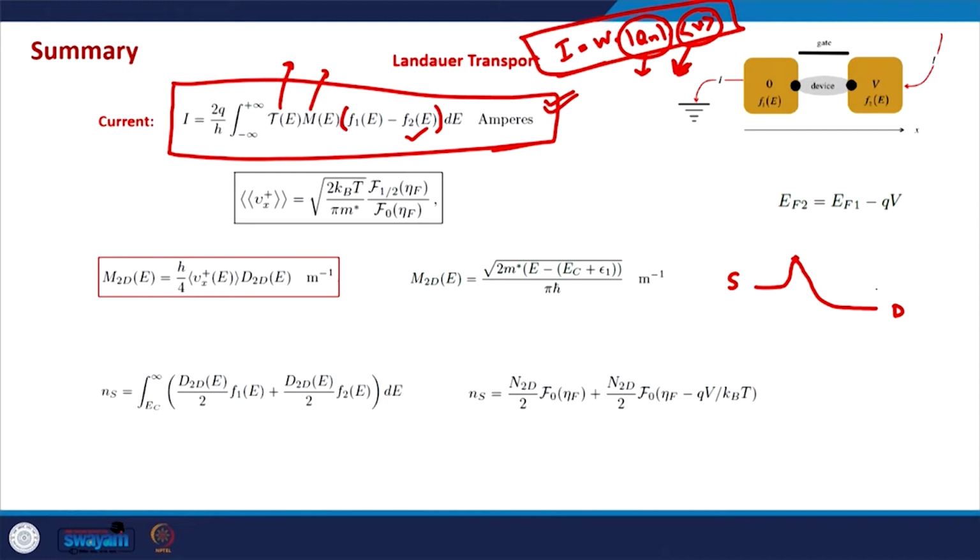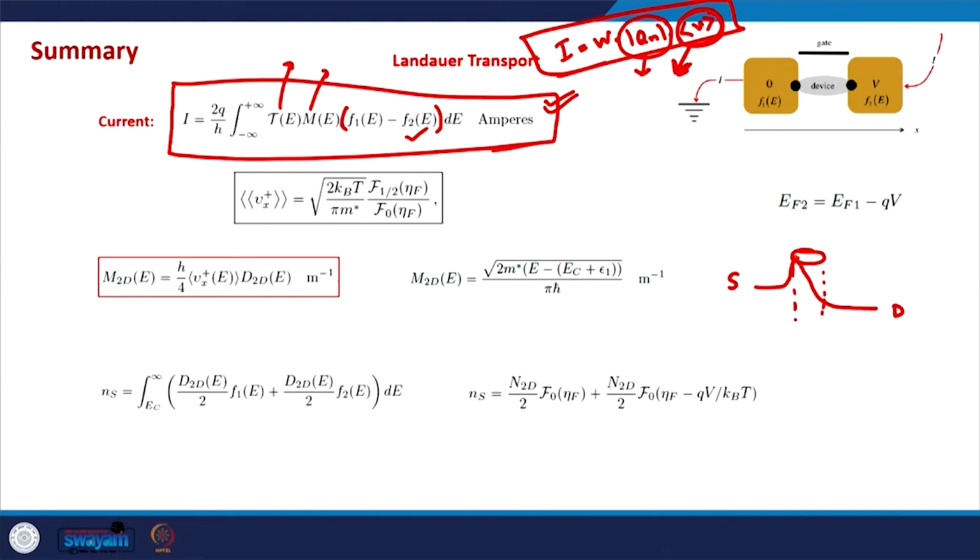In this kind of energy landscape, where is this velocity that we are concerned about? What is this velocity here? As we have seen, the electric field is different at different positions in the channel region, from here to here.